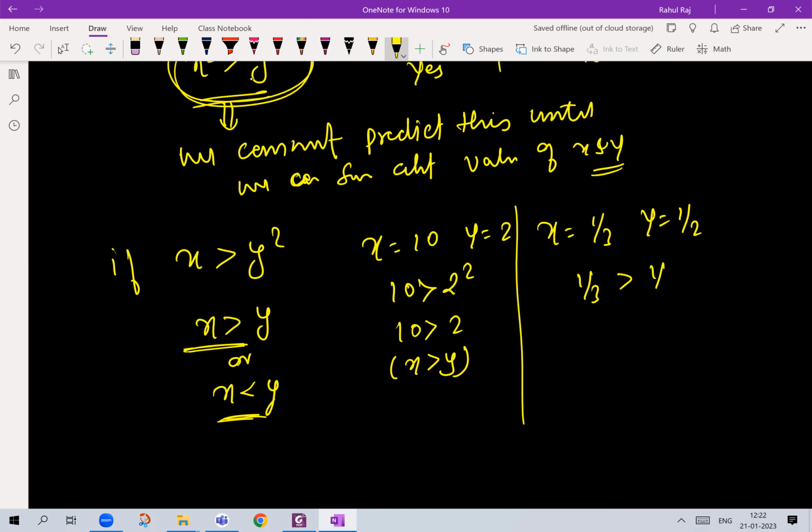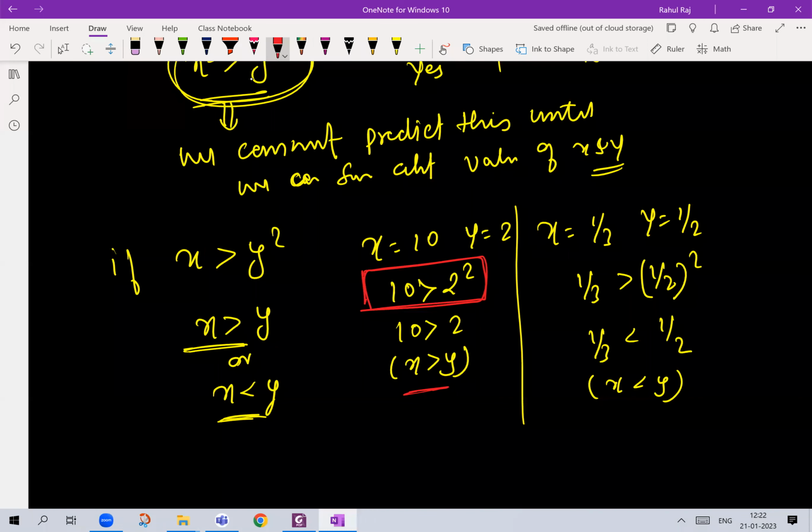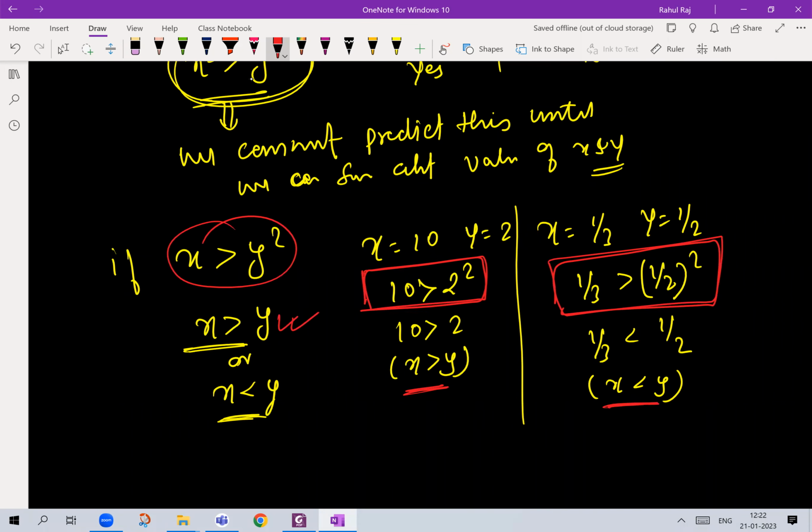But 1 by 3 is technically less than half, that is x is less than y. So x is greater than y square, and x is greater than y in one case, x is less than y in the other. So we say even powers are not predicted. You cannot say that if x is greater than y square, x will always be greater than y. It may not be.